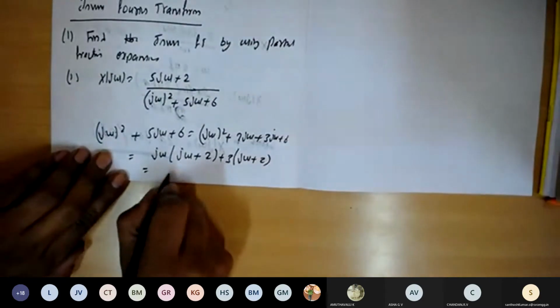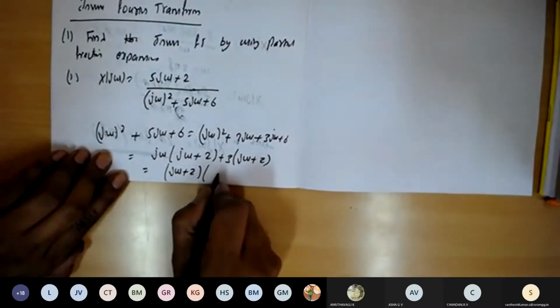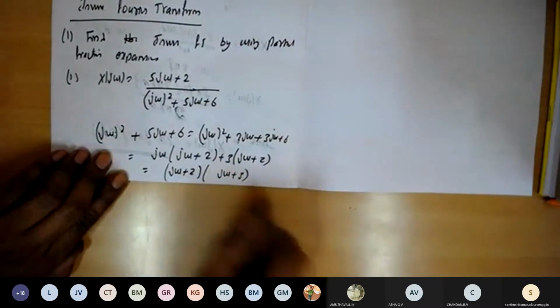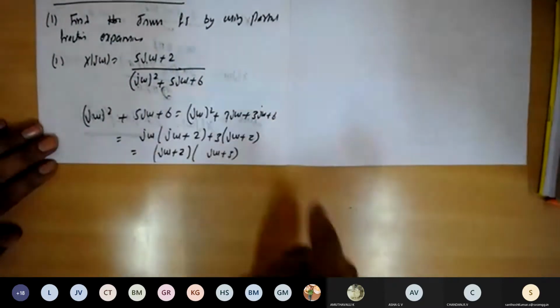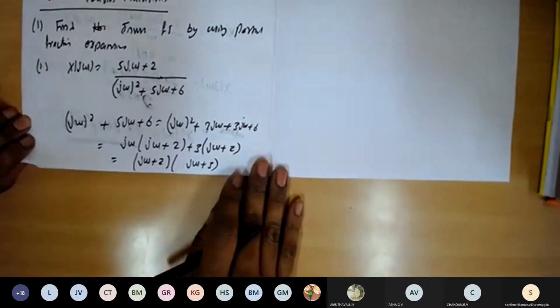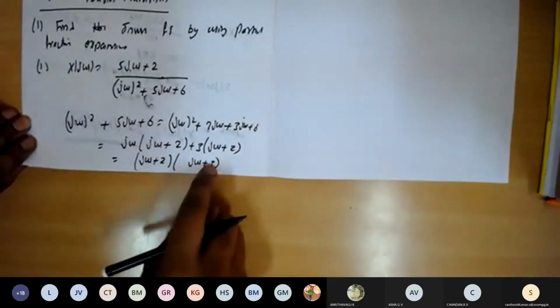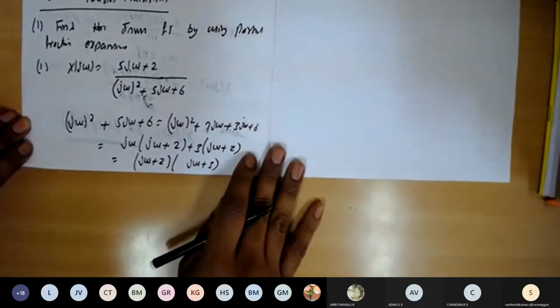So this becomes (j omega plus 2) multiplied by (j omega plus 3). This is how the denominator can be expressed. Let us write X of j omega as this product, so we can apply the partial fraction expansion.